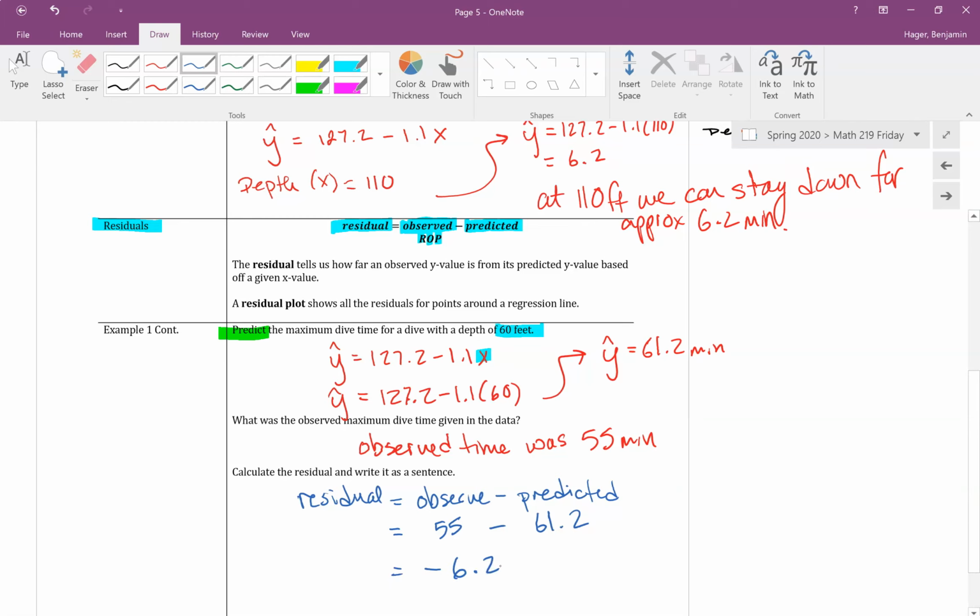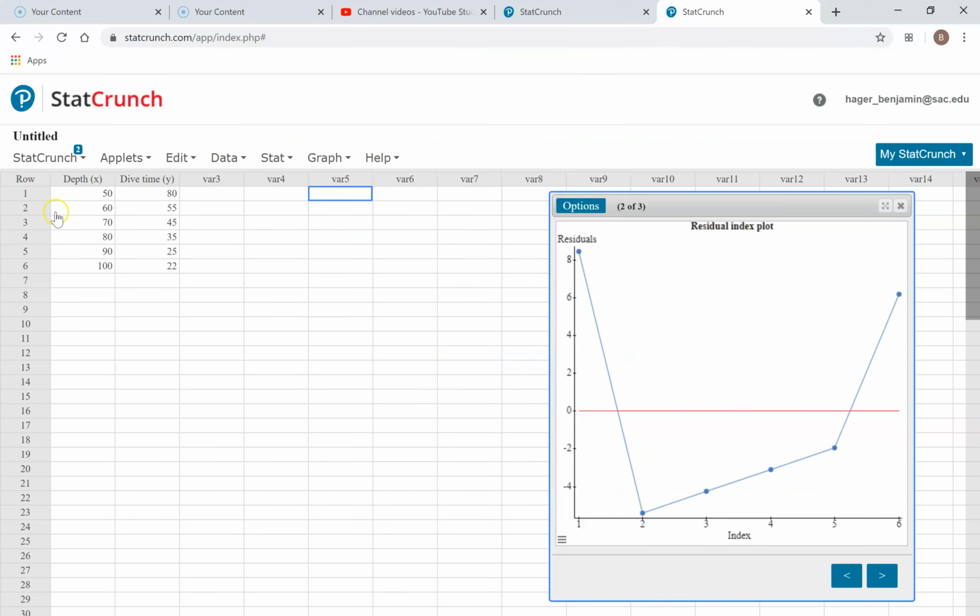Now, what StatCrunch tells me is not going to be exactly that because I took off a lot of decimals here, but it should probably be close. Let's go see. We're talking about 60 feet, that's row 2. So look for data point 2 down here. The residual is negative 5.38. I got negative 6.2.